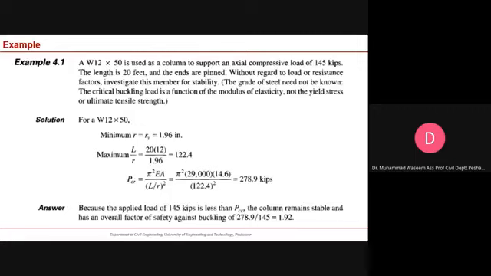Now we will go through an example of how we can know whether my column is failing.